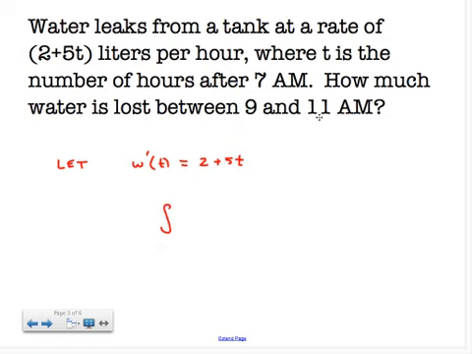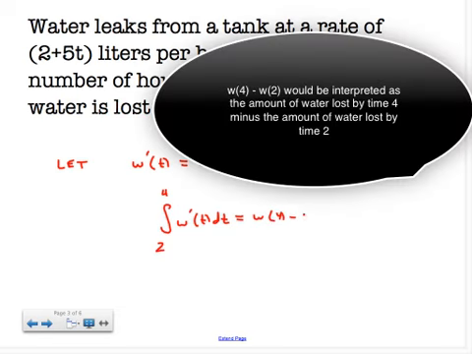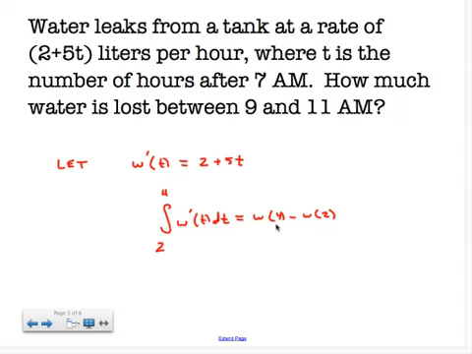So 9 and 11 a.m. would correspond to 2 hours after 7 a.m. and 4 hours after 7 a.m. And I'm going to notice that if I put w prime of t as the integrand, symbolically this comes out to be w of 4 minus w of 2, which is the change in the amount of water w between 2 and 4 hours after 7 a.m. So to answer this question, we need to do the integral from 2 to 4 of 2 plus 5t dt.